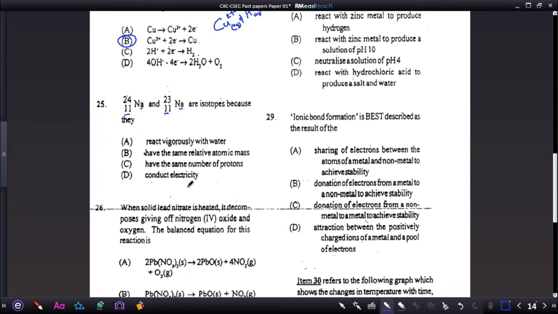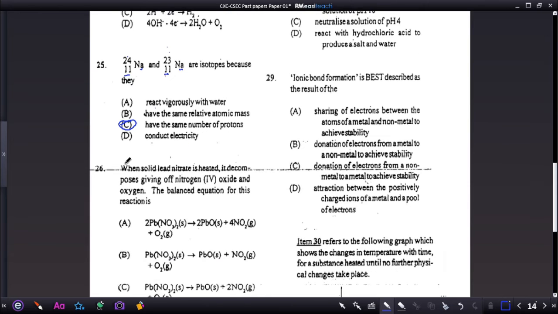So let us see which one: react vigorously with water, have the same relative atomic mass, have the same number of protons, conduct electricity. So C would be indicative of the isotopes sodium-24 and sodium-23.